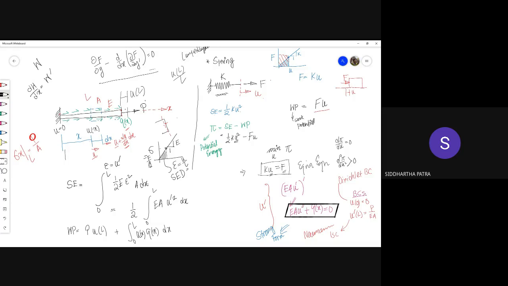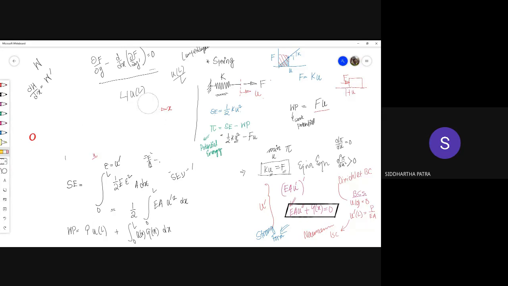Okay, so now I delete this diagram, I don't need it any further, and then I have this expression for the potential energy.